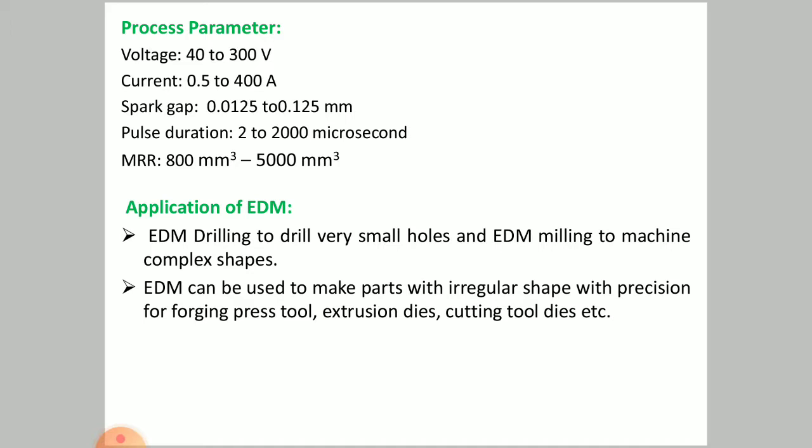That means a very fractional quantity of material is removed from the surface of the workpiece. EDM can be used to make parts with irregular shapes with precision for forging press tools, extrusion dies, cutting tool dies, and many more.